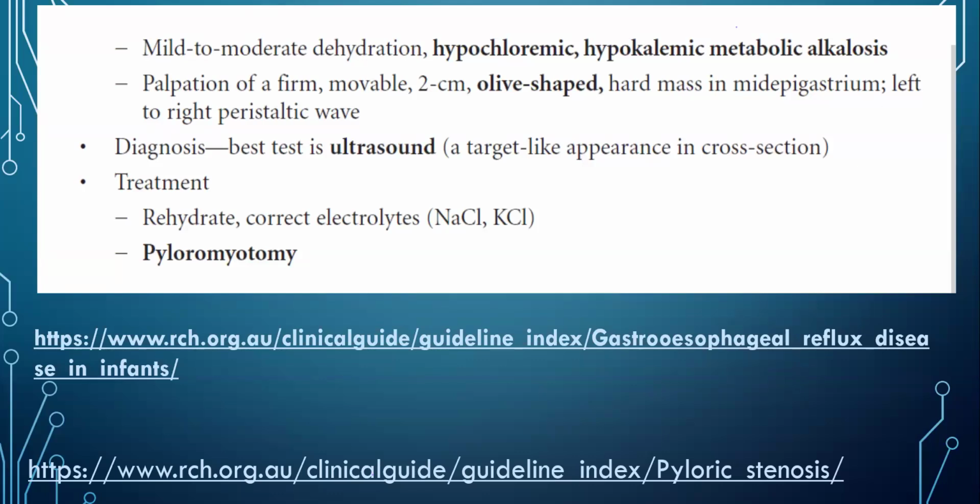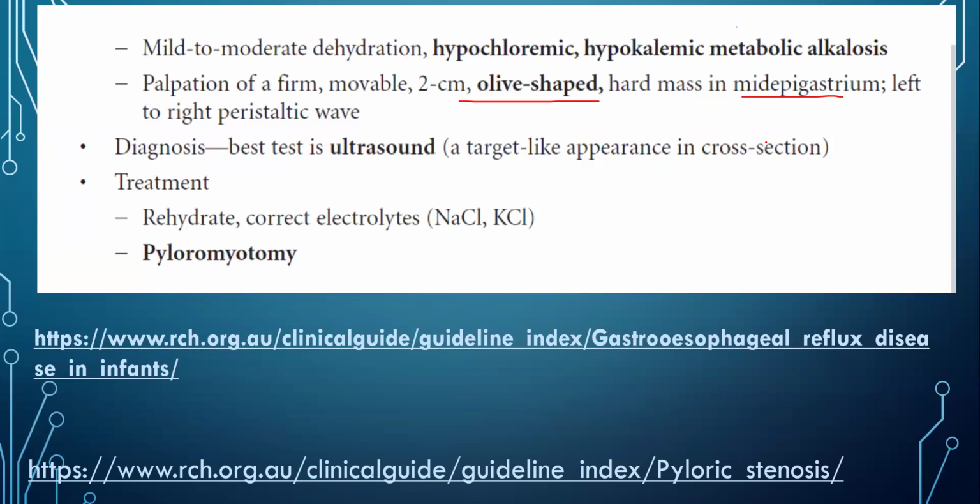And if you do examination, sometimes, not always, you can get an olive-shaped mass in the epigastric region. And sometimes you might notice a peristaltic wave coming from the left upper quadrant of the abdomen going to the right lower quadrant. Okay, so just remember, you can get an olive-shaped mass and a peristaltic wave in this case.